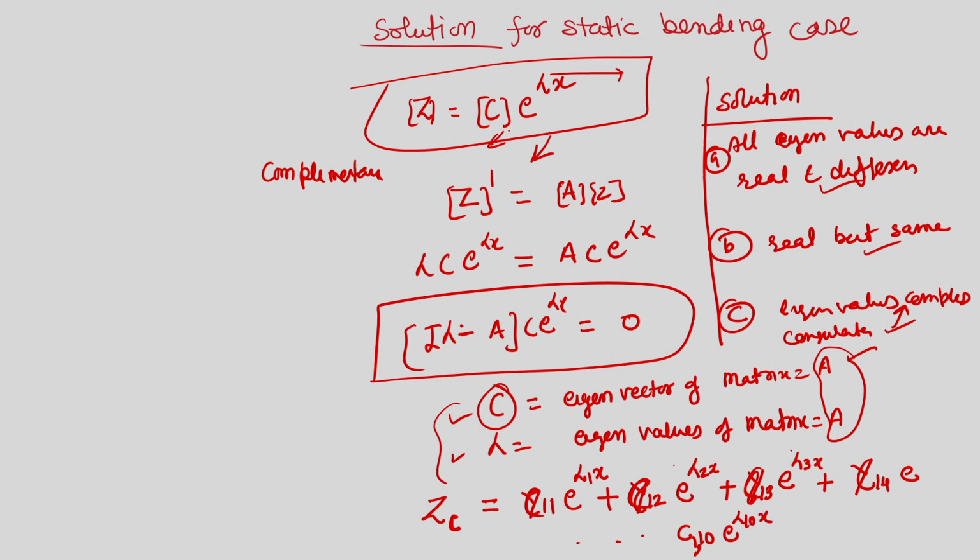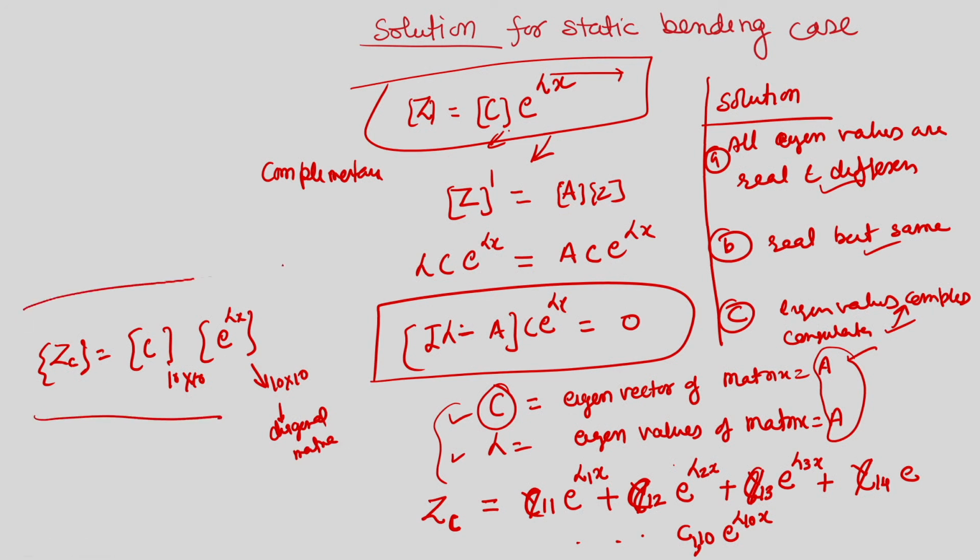So, lambda 1, lambda 2, lambda 3 up to lambda 10, we have 10 eigenvalues and corresponding eigenvectors. So, ultimately the complementary solution can be written as a matrix C which is 10 cross 10 and e raised to lambda x, which is a diagonal matrix of 10 cross 10. So, in this way the complementary solution can be found.